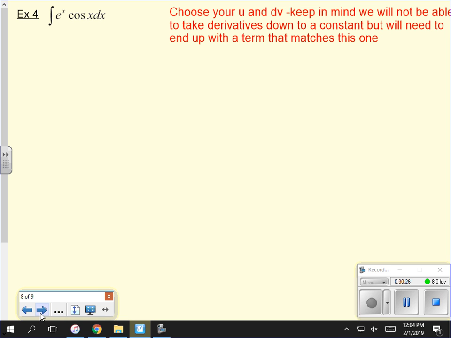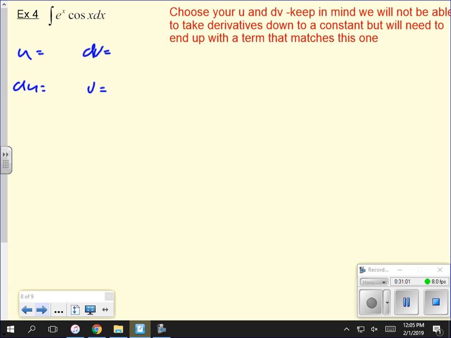Pick your u and your dv. Follow LIPET, pick your u and your dv. First step actually isn't too bad.